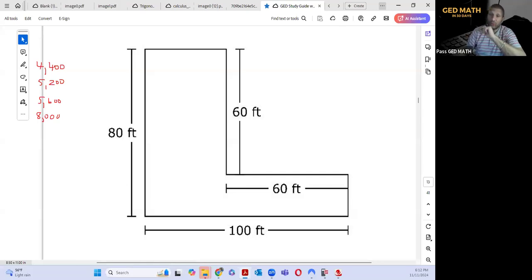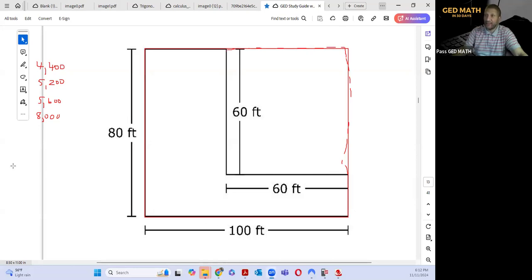I'm going to show you two different ways. The first way is to say, okay, what would be the area if I took this whole thing right here? If I found the area of this whole rectangle, that would be 80 times 100.